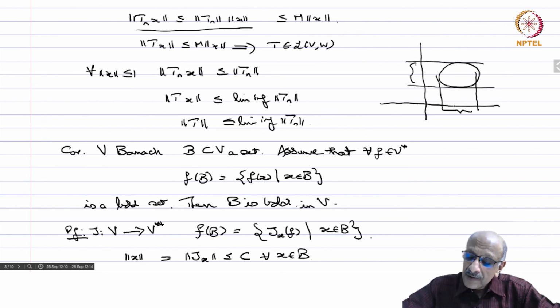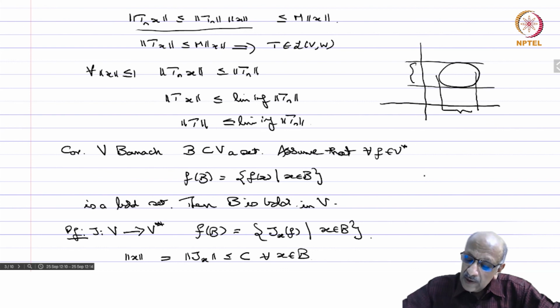Now the projections to the coordinate axes are nothing but a basis of the dual space, and therefore if it is bounded for the basis, it will be bounded for all linear combinations. So the infinite dimensional version is this corollary.